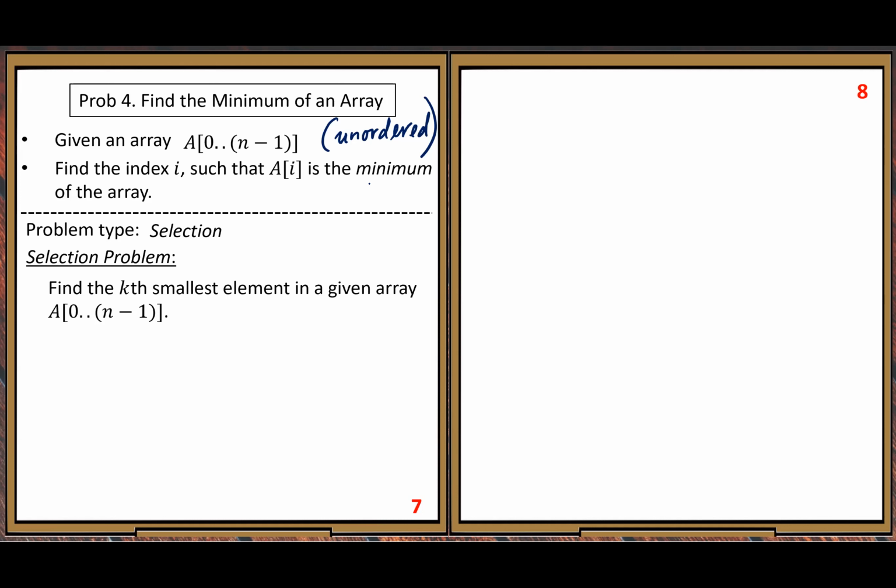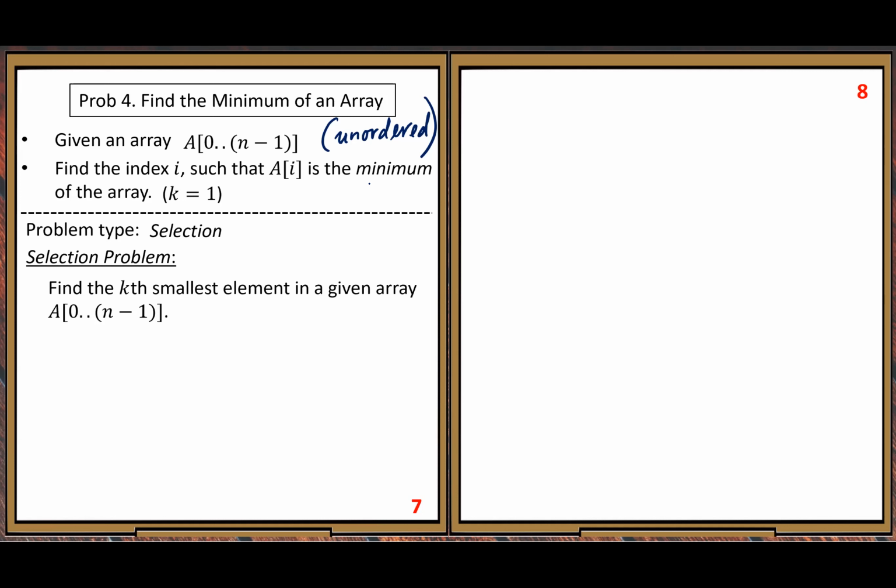When k equals 1, that's this minimum problem. When k equals n, that's the maximum of the array. When k equals 2, you find the second smallest element in the array, and so on.